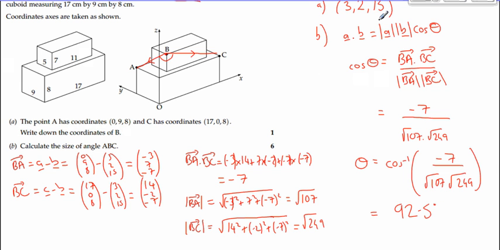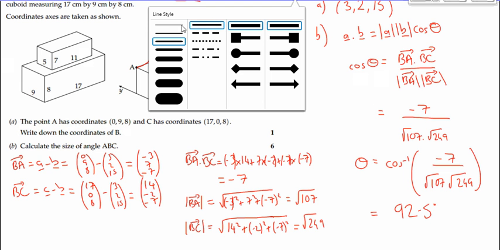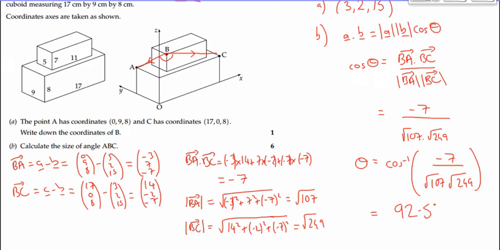Okay, now marking what's going on here. The first mark in part A is just for getting that coordinate correct. The second mark, or the 6 marks here, the first mark will be for using the correct formula, and this can vary depending on the SQA's marking scheme, but with the correct vectors highlighted.